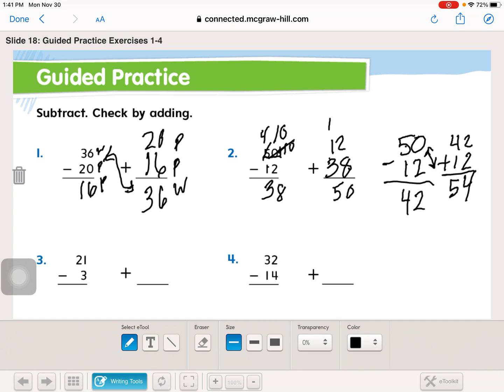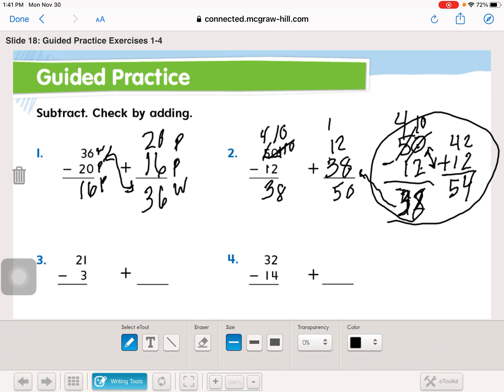So that means that you had 4 too many. If you see something like this, it's because you've done something wrong. In this case, it's because we had 0 and thought we could take away 2 and still have 2, but we really can't, right? We've got to regroup that, and then we end up with 38, which gives us 50.